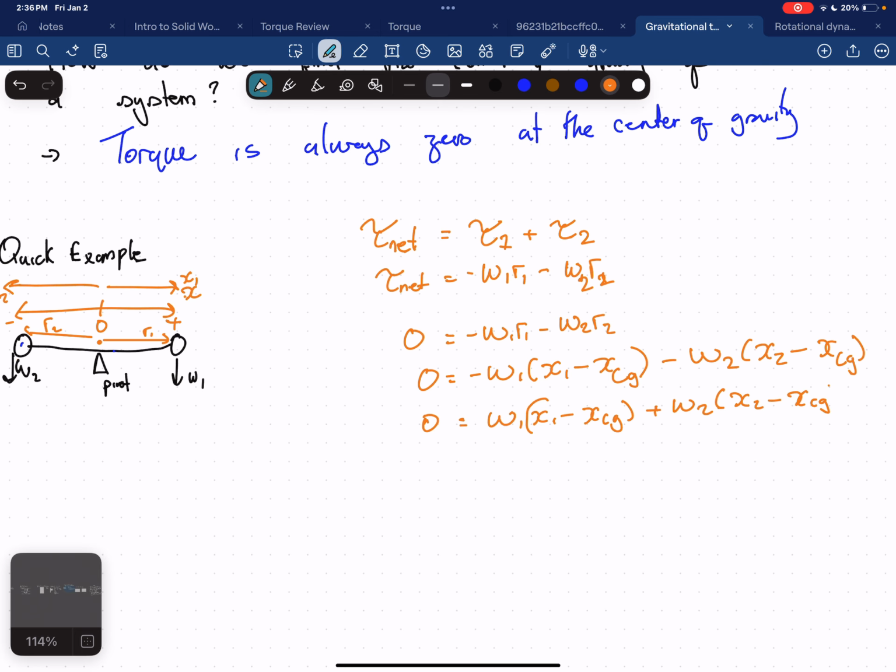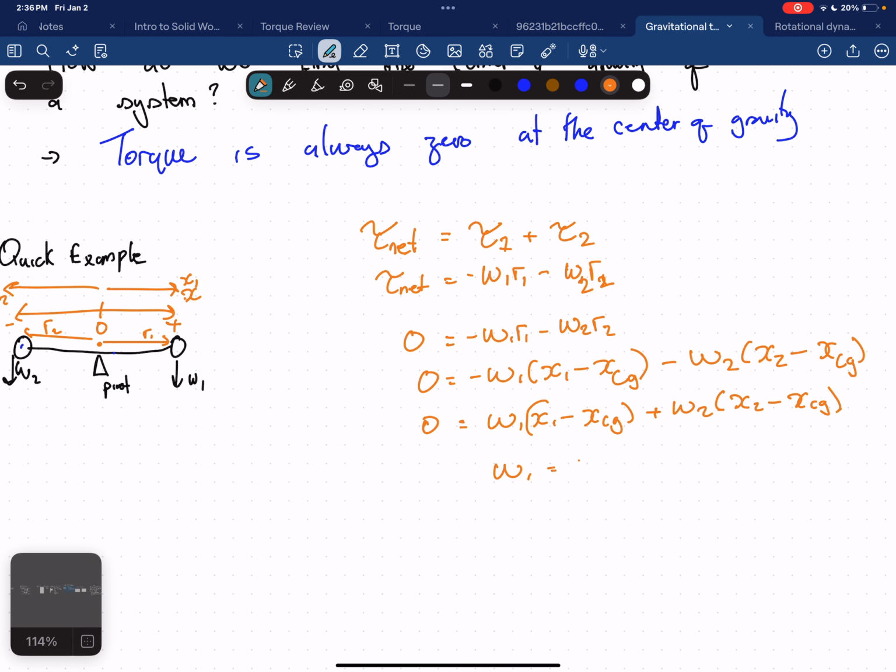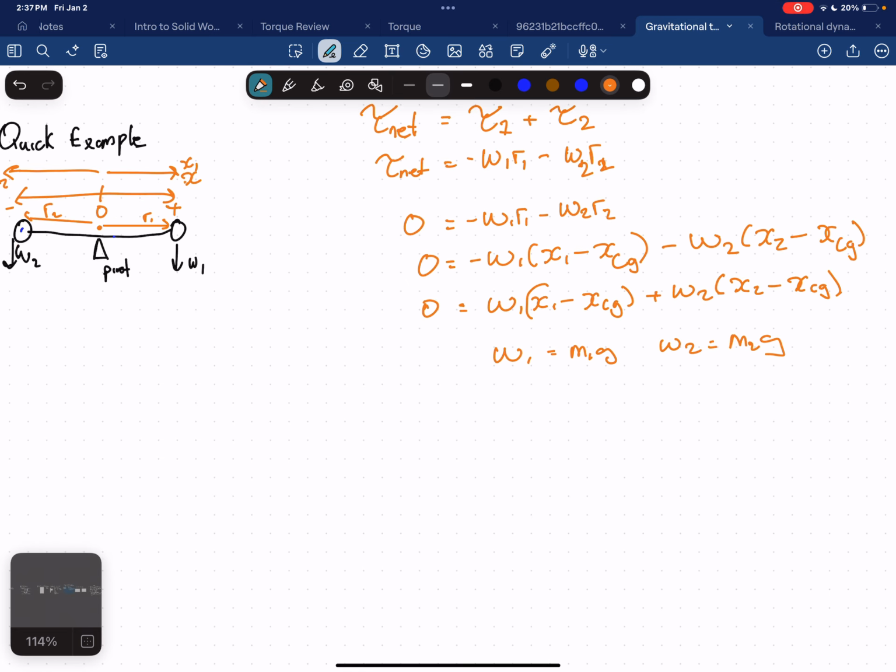All right. And then I know weight 1 is equal to m1g, and weight 2 is going to be equal to m2g. So I can plug those in. 0 is equal to m1g x1 minus xCG plus m2g x2 minus xCG. All right.